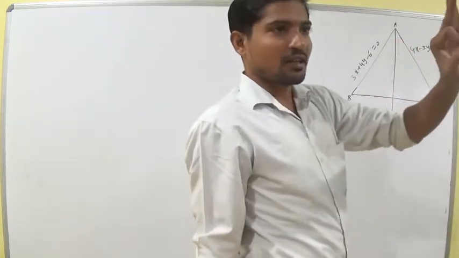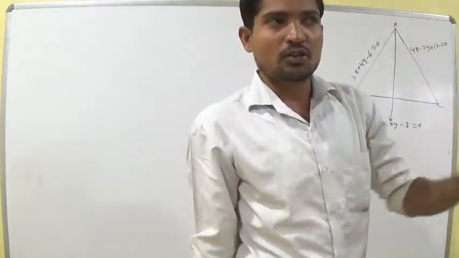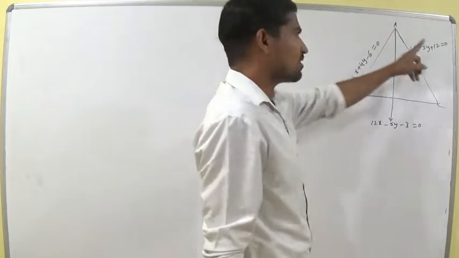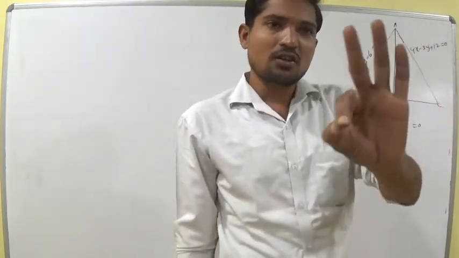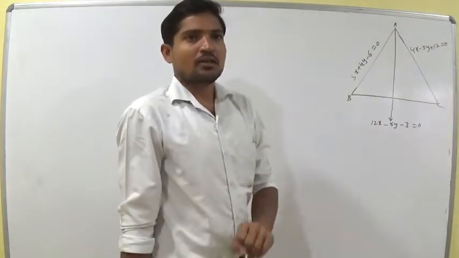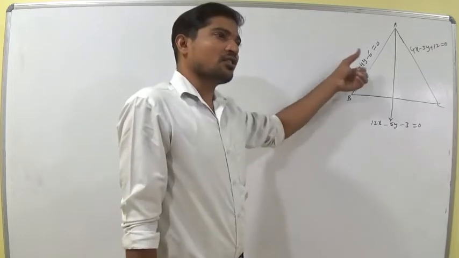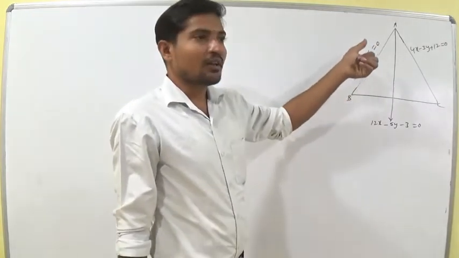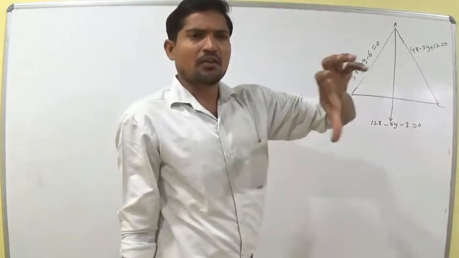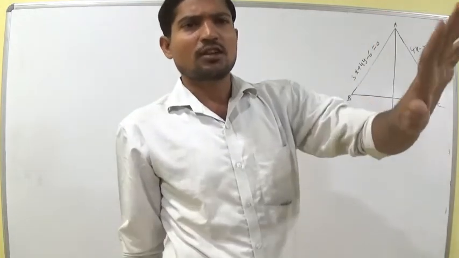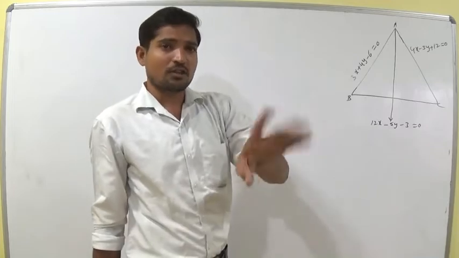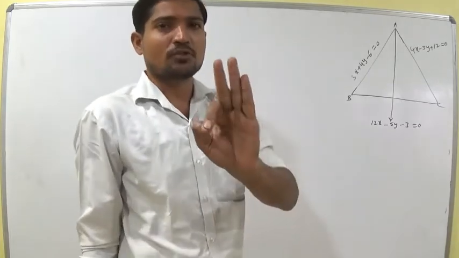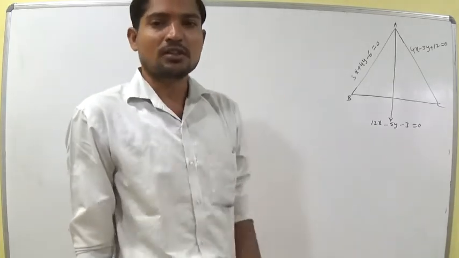When two lines are given, L1 = 0, L2 = 0, then the angle bisectors of the given lines are (a1x + b1y + c1)/√(a1² + b1²) = ± (a2x + b2y + c2)/√(a2² + b2²).